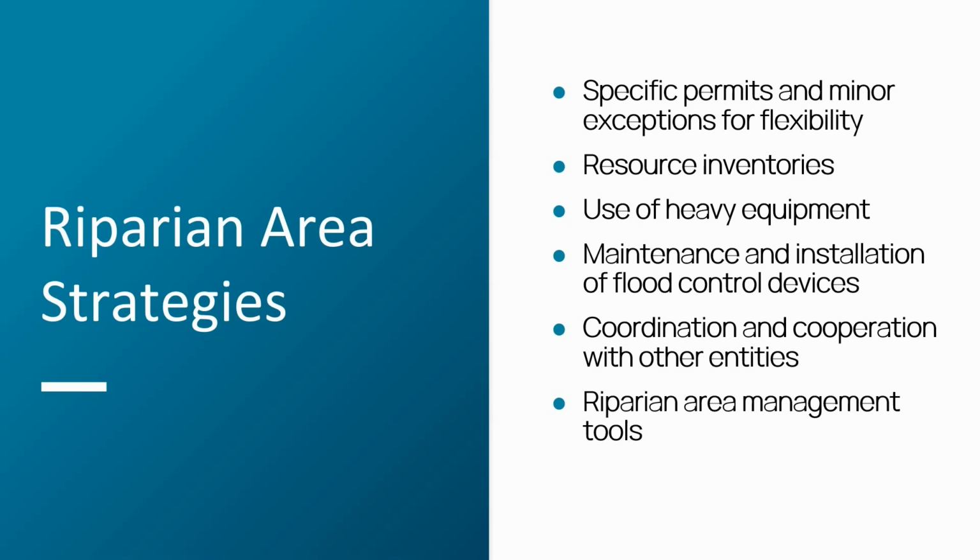They're the volunteers who go in and plant the native vegetation, who lead school groups to see the changes that have happened in the river, and be able to get up close to see frogs and butterflies and native plants, and see what a riparian area can be and what nature can be in our urban environment. And then finally, riparian area management tools.